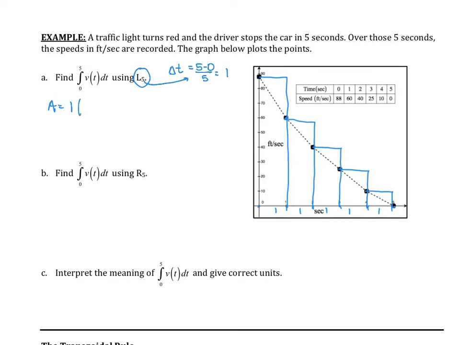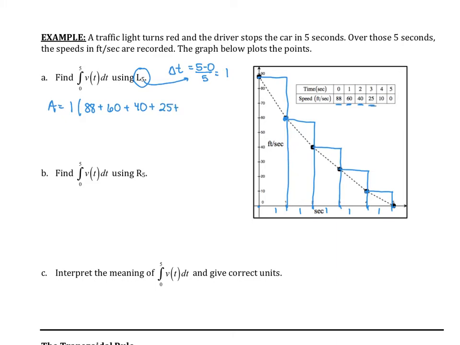And I have heights of, well, let's see. I don't know what this number is. Thankfully, they gave me a table and told me it's 88. And then my next height right here is 60. And then my next height is 40. Thankful for that table. Next height is 25.